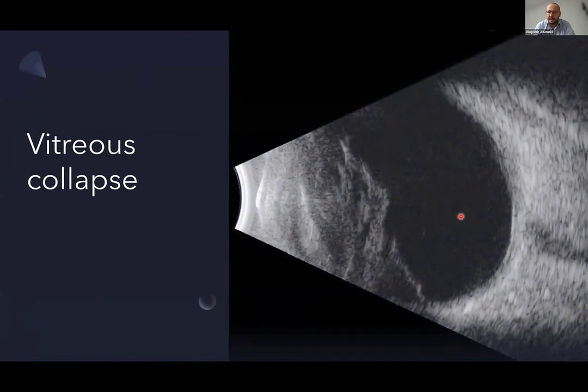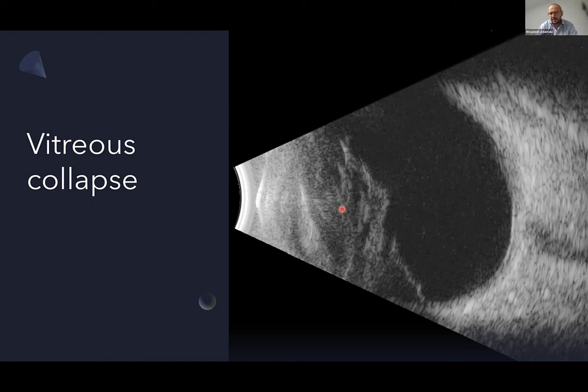Sometimes when doing ultrasound, we have a problem with visualizing the vitreous. These are rare cases of a vitreous collapse when the posterior vitreous detachment is such extreme that it just gets the vitreous to the anterior part of the vitreous cavity. So this was a patient complaining a lot about symptoms associated with floaters.